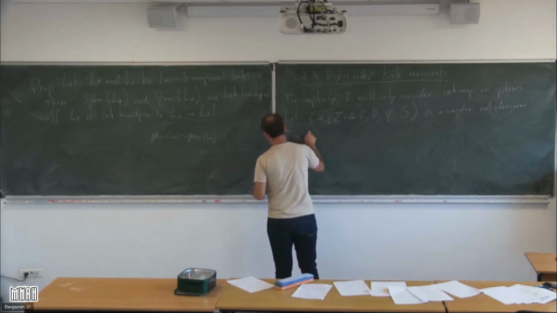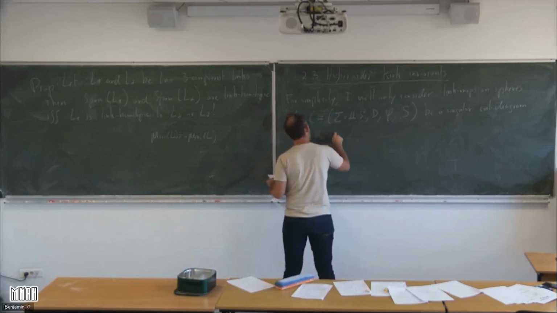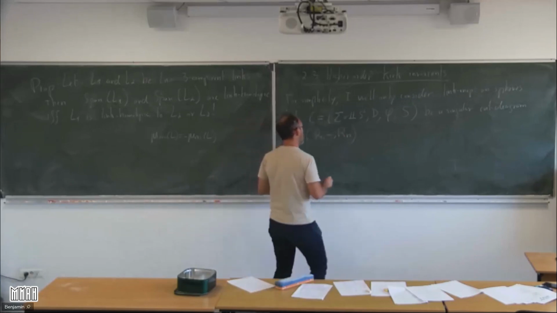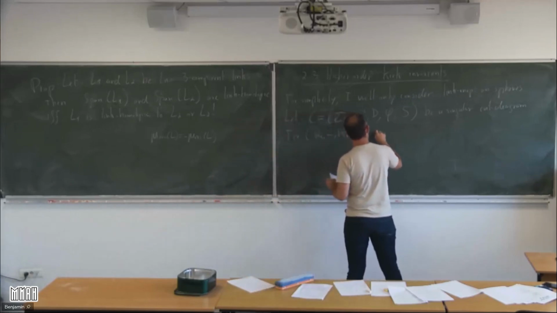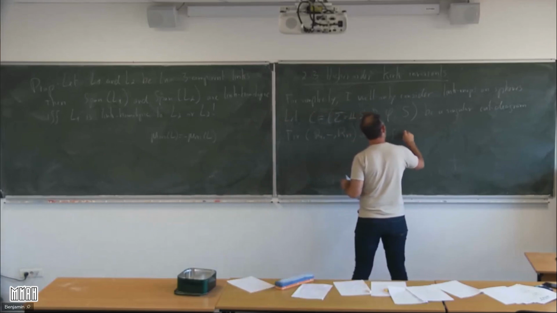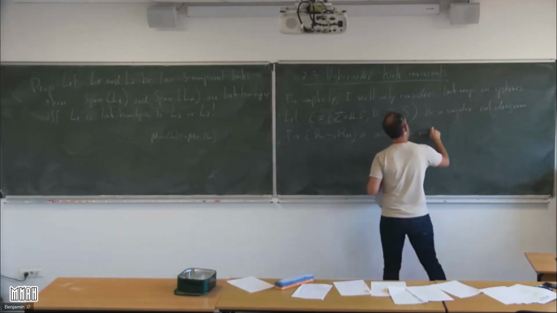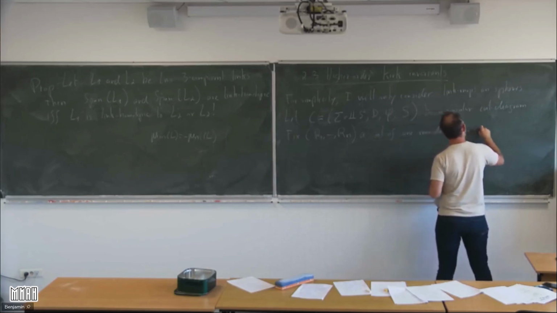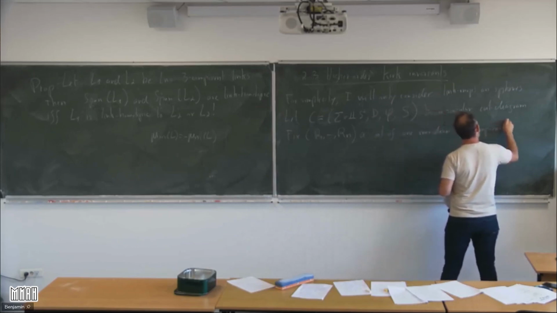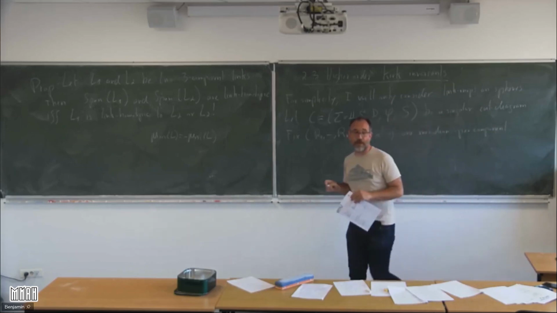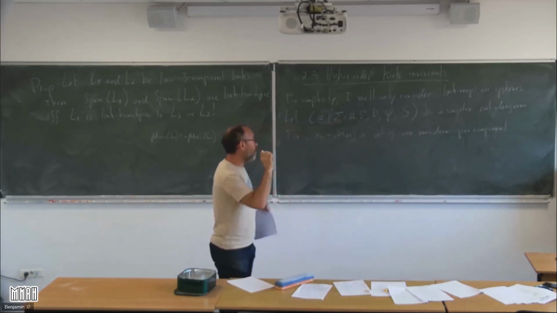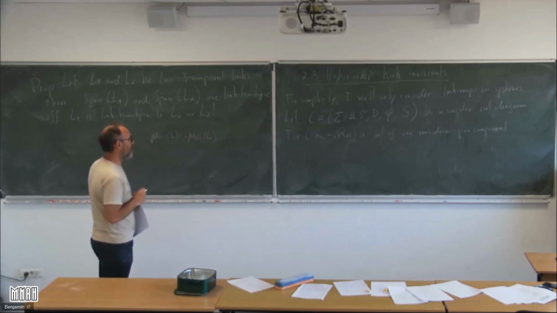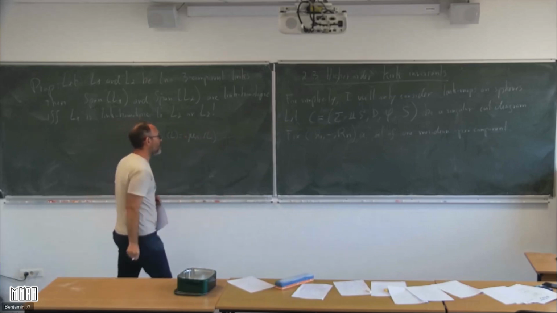We fix R1, ..., Rn, a set of one meridian per component. Just like for the peripheral system, where I was choosing one meridian for each component, here I do the same.